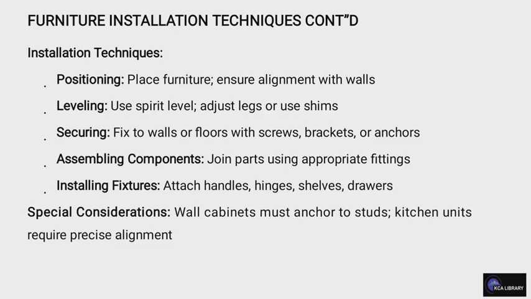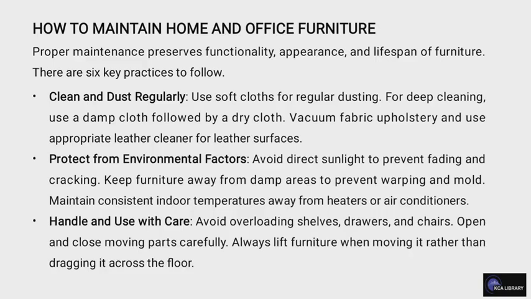We have assembling components, and this is joining parts using appropriate fittings. And lastly is installing features, where handles, hinges, shelves, and drawers are attached. Special consideration: wall cabinets must be anchored to a stud, and kitchen units require precise alignment.